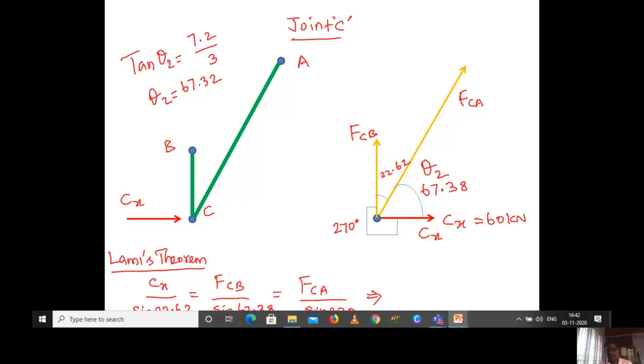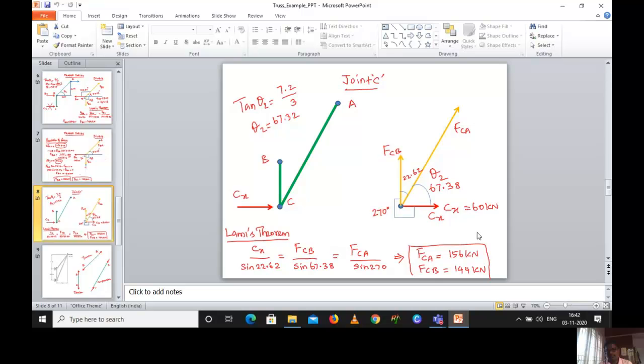In Lami's theorem, if you are considering the force Cx, the included angle between the other two forces, FCA and FCB, is 22.62. If you are considering force FCB, the included angle between Cx and FCA is sine 67.38. And if you are considering FCA, the included angle between FCB and Cx is sine 270.